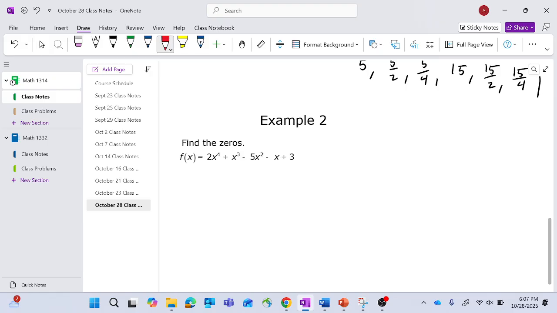I'm saying, figure out all your possible rational zeros, and that's what you're going to use to figure out which of those are actually your zeros or not. So we're going to start by listing out all my possible rational zeros. You have plus or minus factors of 3, which is just 1 and 3, all over factors of 2, which is plus or minus 1 and 2.